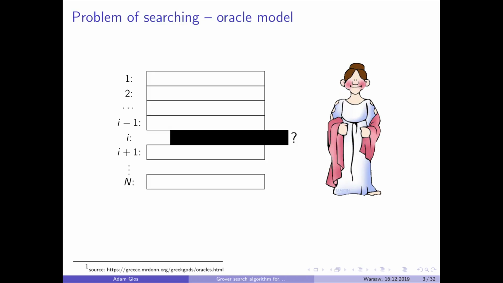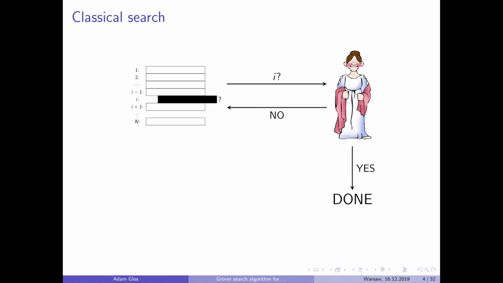So let's start with the searching problem. What is the searching problem? Imagine you have a database and one element is marked, which means that we want to find it. We can think of it as a database of n numbers. We have some mysterious oracle which knows which element is marked, and we can ask her whether a given element is the one that is marked. We send this element to the oracle.